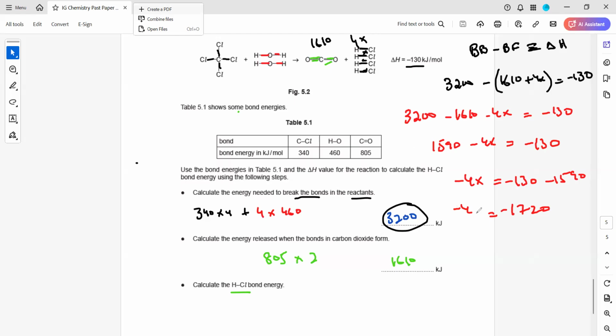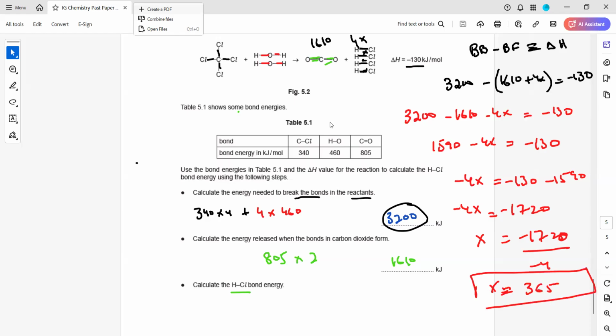So we just simply divide: x is equal to minus 1720 divided by minus 4. The answer is 430 kilojoules per mole.